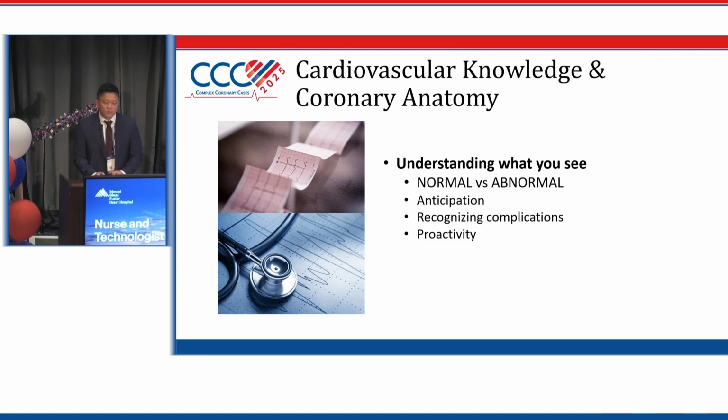This means we're able to identify abnormalities, anticipate procedural steps, and recognize early signs of complications like perforation, dissection, or ischemia. When we understand the cardiovascular system and its anatomy, we are able to proactively prepare necessary medications and equipment, thus improving the safety and outcomes for our patients.